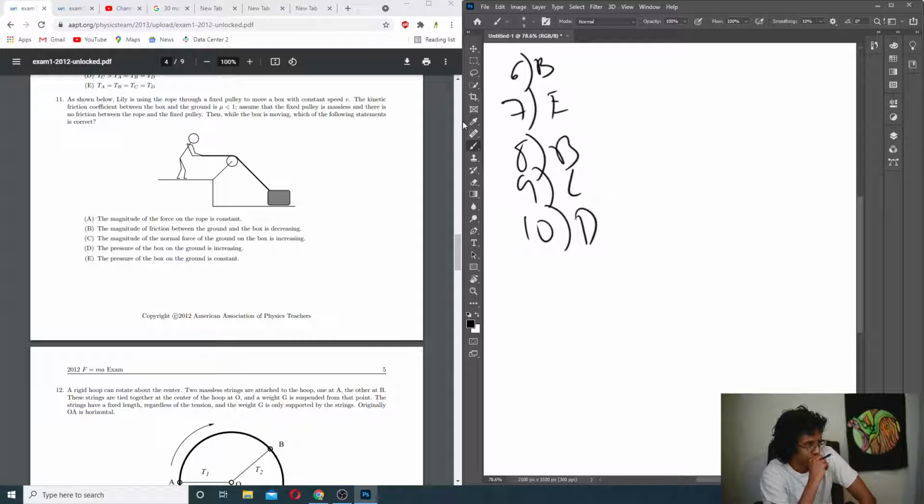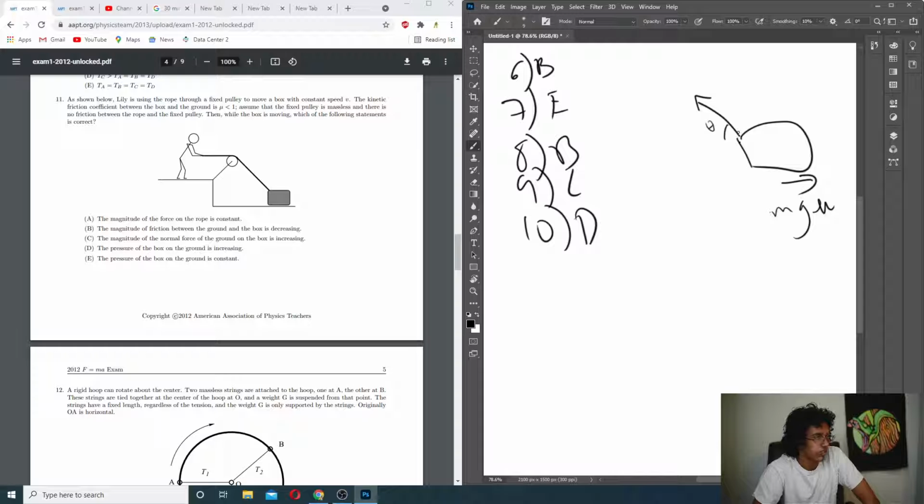The magnitude of force on the rope is constant? No, right? Because essentially, is it? Okay, maybe it is. Okay, hold up. So we essentially have this. We have some constant friction that way, right? So that's just going to always be mg mu, right? And then the upward force is at angle theta, all right?